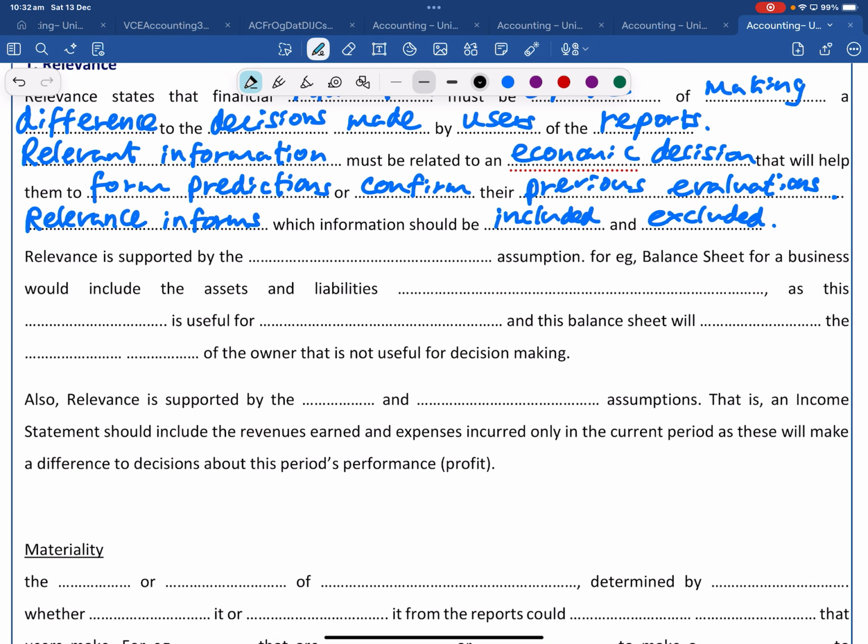Next paragraph. Relevance is supported by the accounting entity assumption, right?